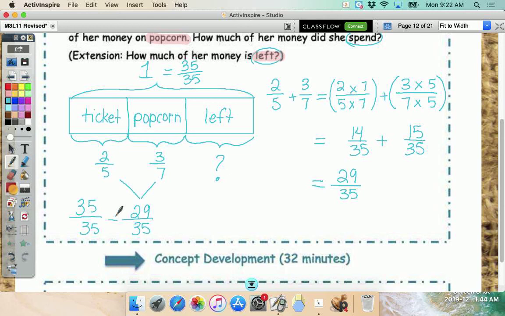And what subtraction problem do I need to do? 35 minus 29. If you can't do that in your head, is it okay to write it down like this? There's regrouping. So what do I have for my answer? 6/35. So that's how much is left. And this is how much was spent.